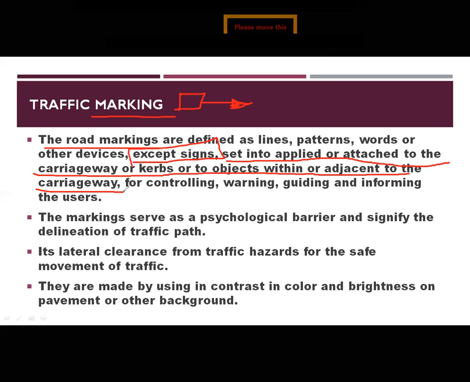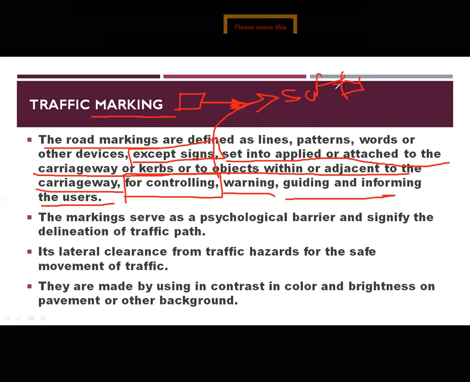Markings are not provided far away from the carriageway; they are adjacent to it or on the surface. They are for controlling, warning, guiding and informing the users. Controlling means for the safety of others.